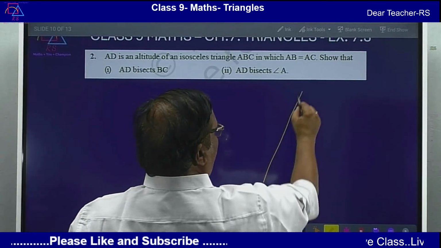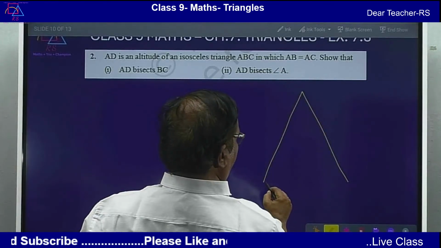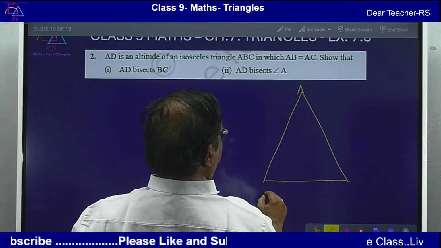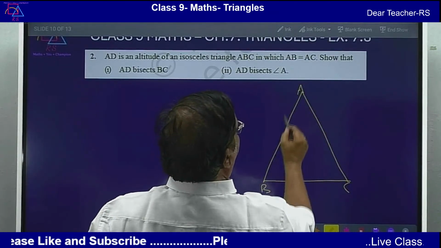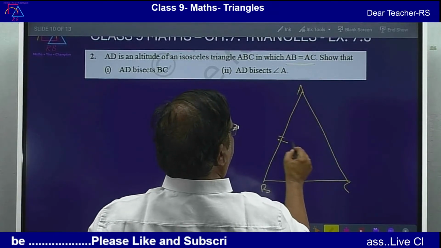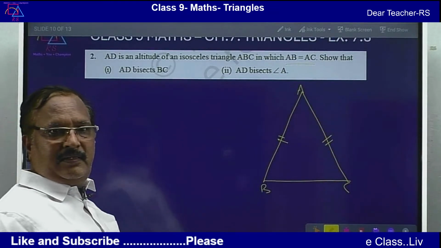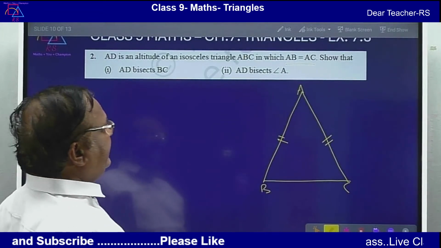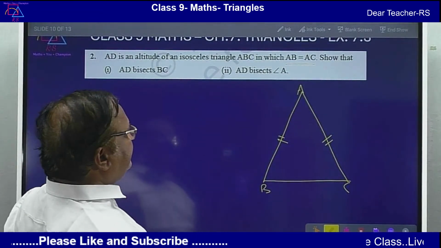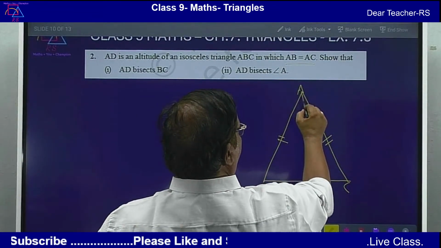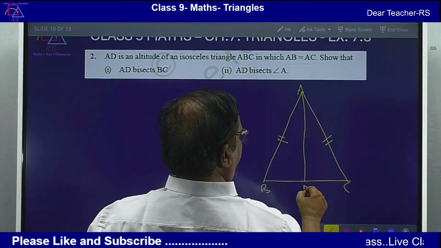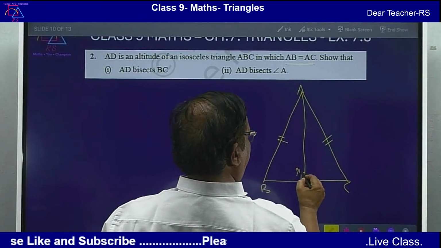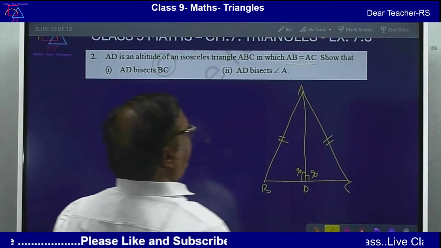You draw an isosceles triangle A, B, C, where AB is equal to AC, and AD is the altitude. If you draw AD here, AD is altitude, means 90 degrees. So this is 90 degrees and this is also 90 degrees.